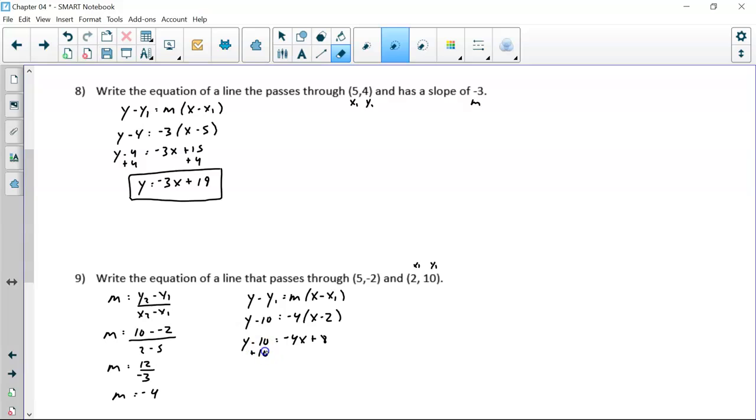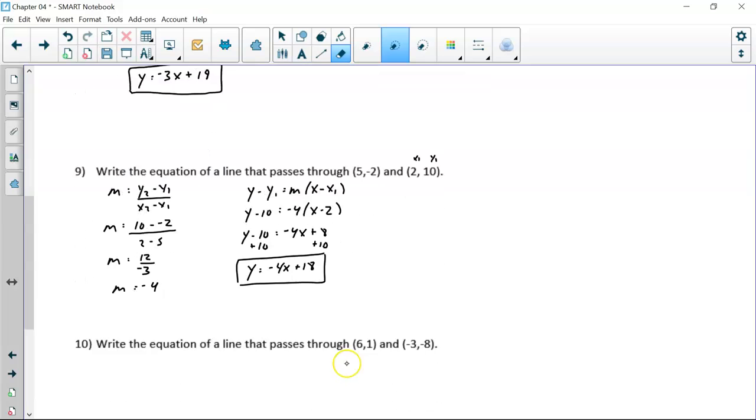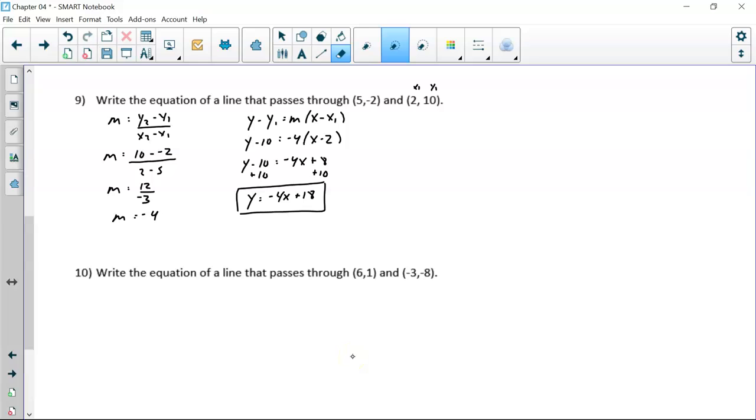And then we just add 10 to both sides. Y equals negative 4x plus 18. And there's our point slope form to get our equation in slope intercept form. It's just another way to do it. It's just adding another technique.